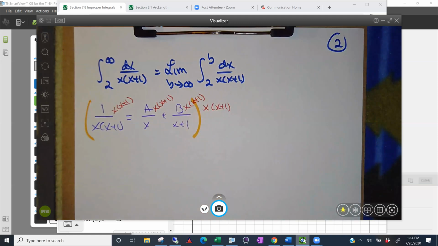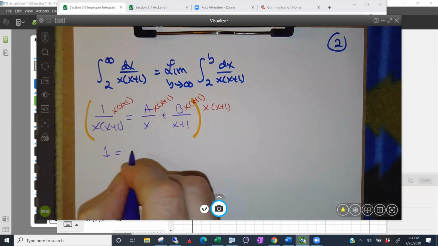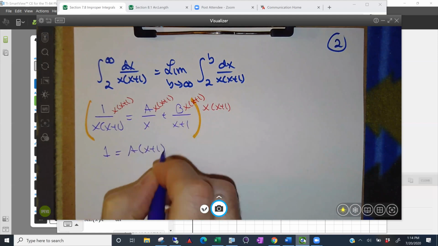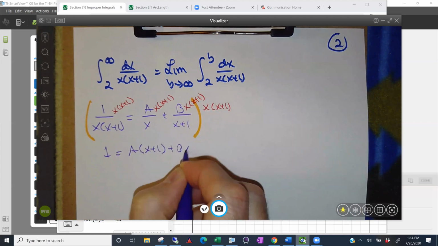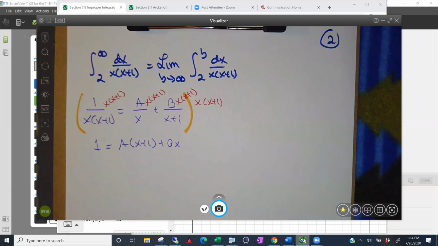And when I do that, I get some simplification. This cancels with this. So that's nice. I'm just left with 1 equals, well, here the x's will cancel, so I'll be left with A times x plus 1 plus B times x. Now, this equation holds true for any value of x. So let's think of some clever values of x that we can choose.